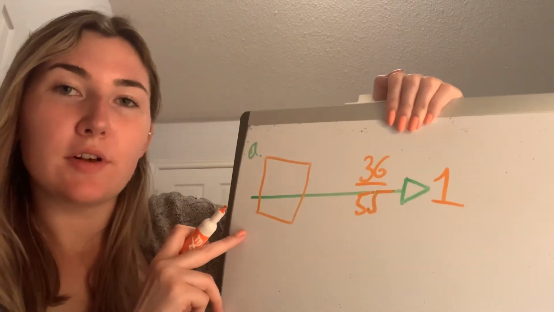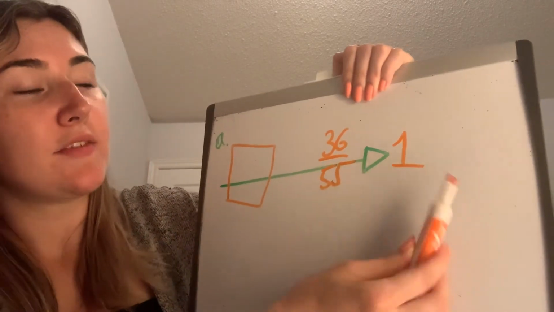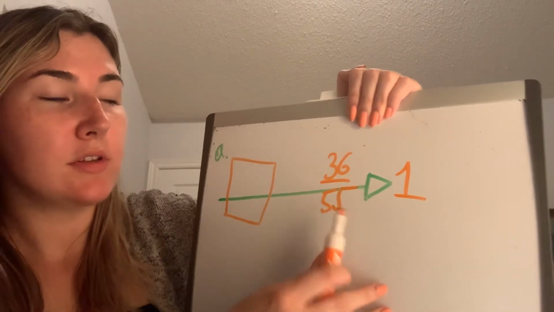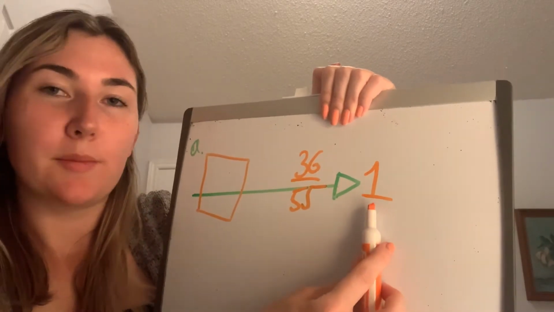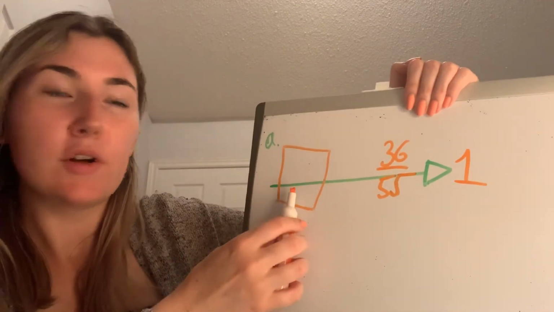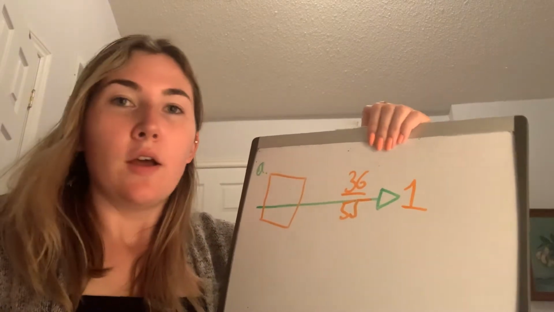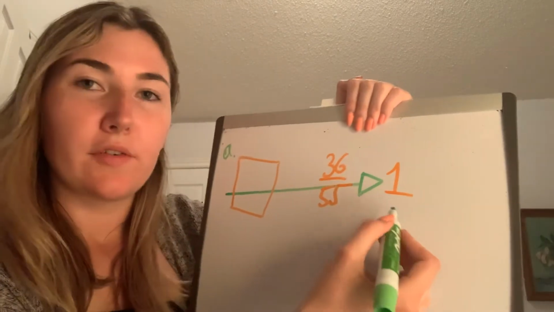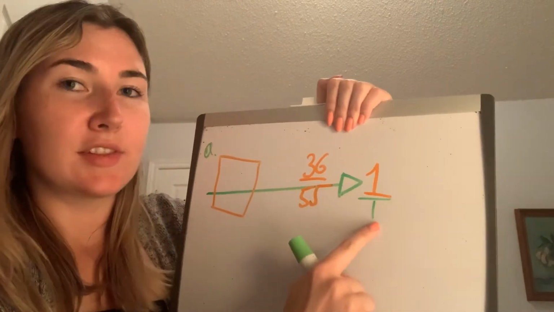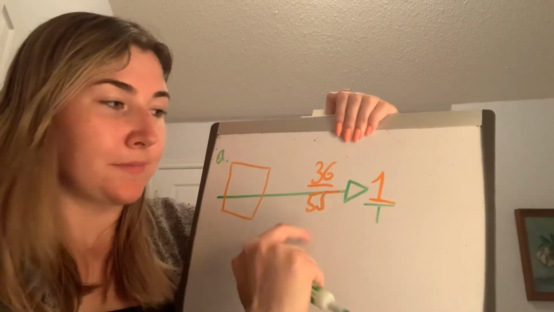But before we solve anything, we can't use any of the numbers unless they're all fractions. So right now we have one fraction, but we need to change this whole number into a fraction so we can solve for our first small number. So what we need to do, we know that the bottom number for every whole number is 1, and we need to make sure that they have matching bottom numbers since we'll be adding or subtracting.